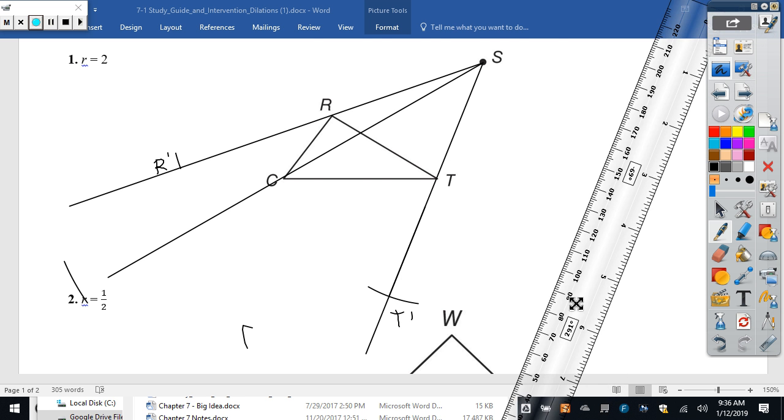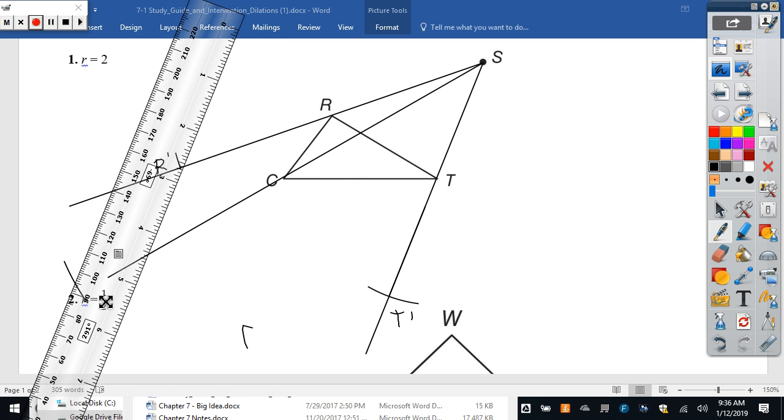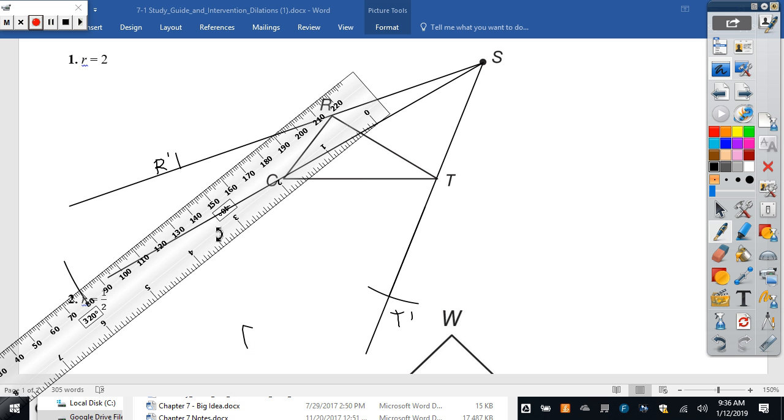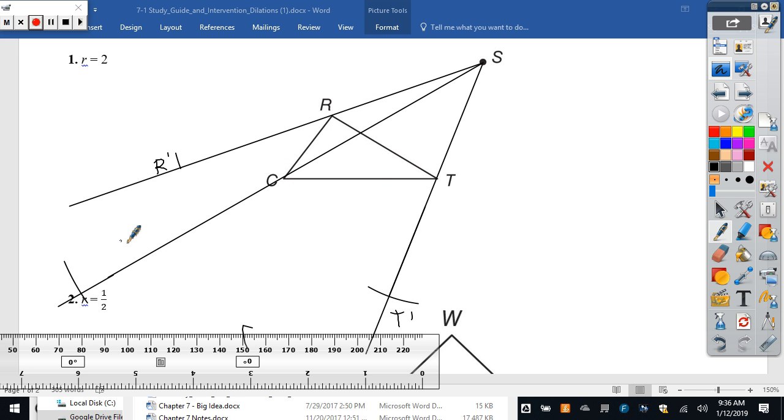Okay, so I'm going to go over here and I'm going to extend that line just a little bit further. Okay, and that's where C prime will lie.